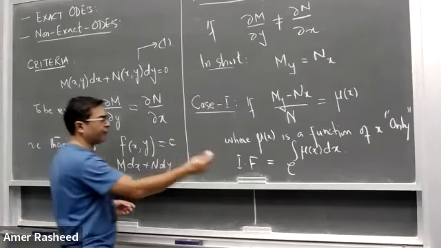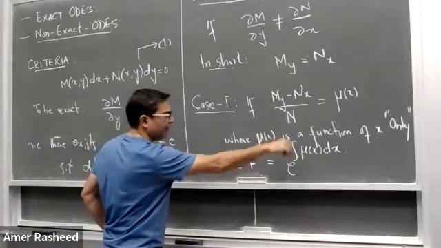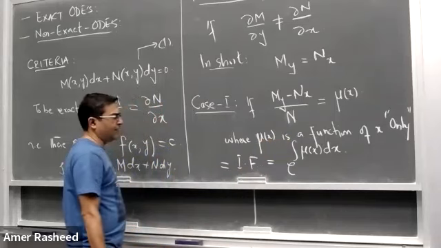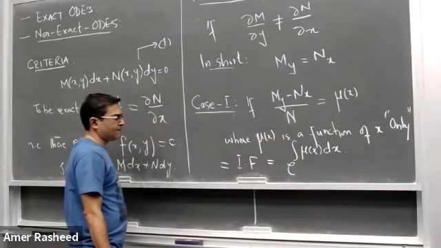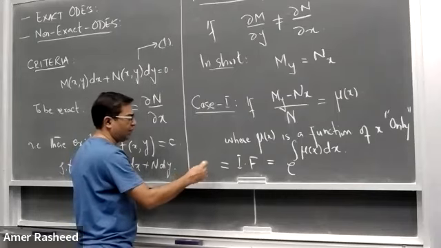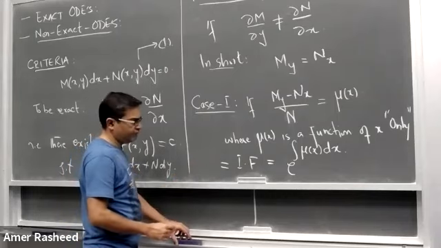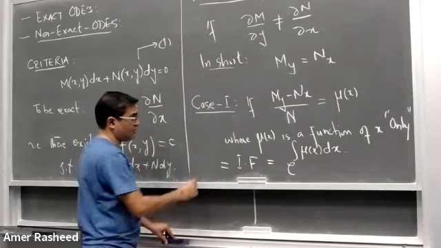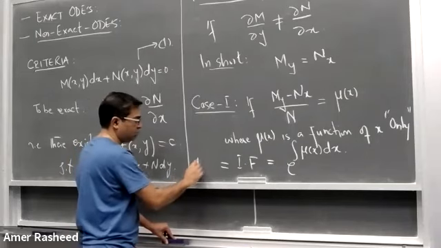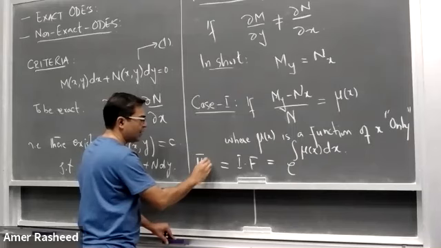Okay, it's again a function of x, so you can call it some other mu, mu bar of x.